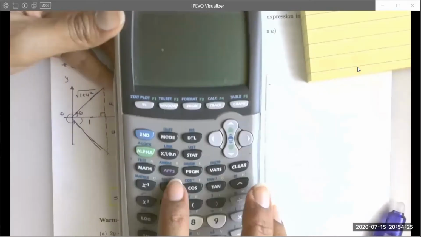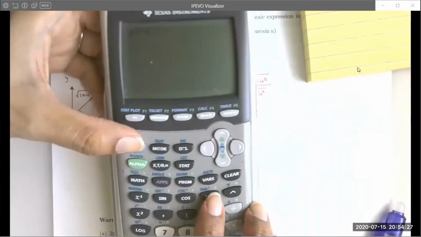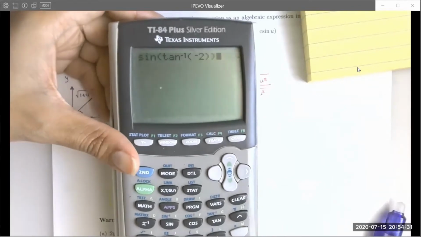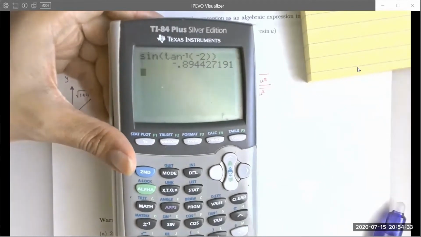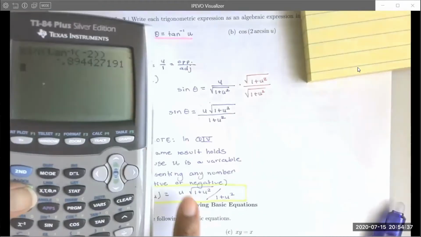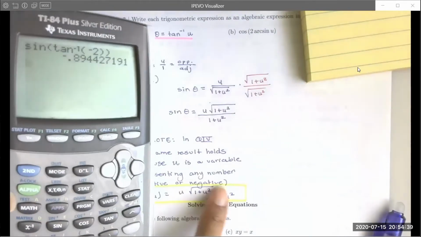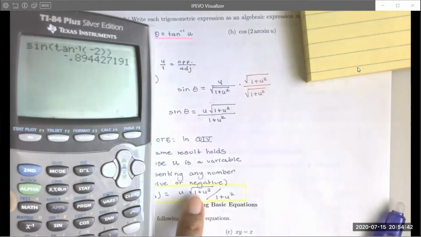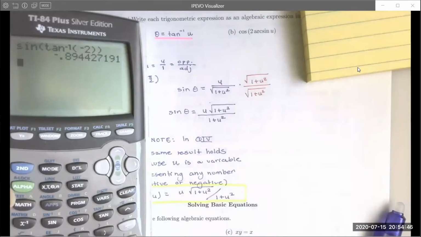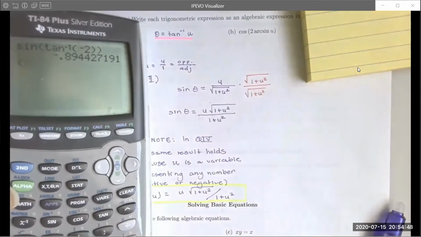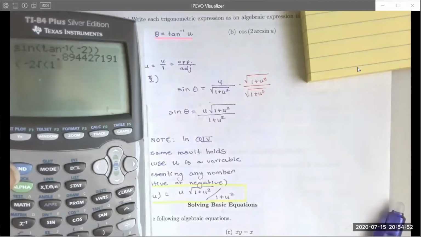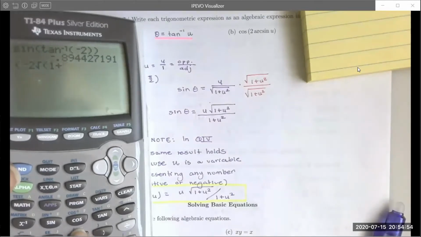Okay, so if I plug in sine of tan inverse of negative 2, this is a value that we're getting, negative 0.8944 with some other decimal numbers. Now if I plug it into the right-hand side of the equation, let's see if that number still matches up. So in the numerator, I would have a negative 2 times the square root of 1 plus a negative 2 squared.